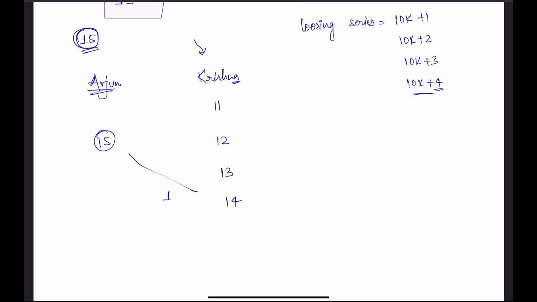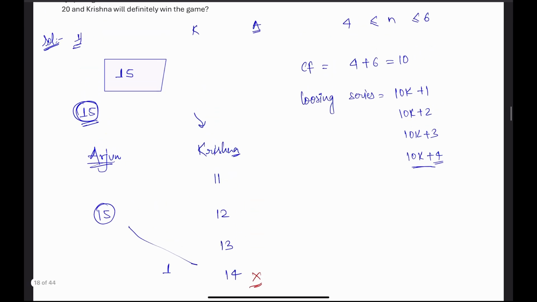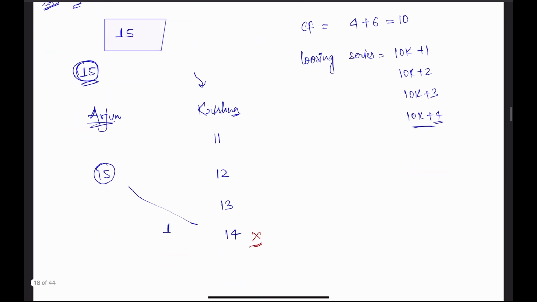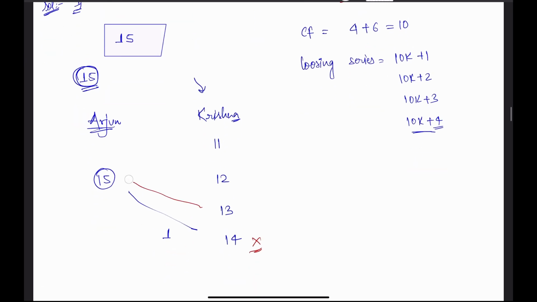Then we will say no, Arjun can't, because the minimum Arjun should pick is 4. Is it possible that Arjun can bring Krishna to 13? Then again no, because the difference is how many? 2. Here the difference is 3, here the difference is 4. So if you see correctly, then these 3 cases are not even possible.